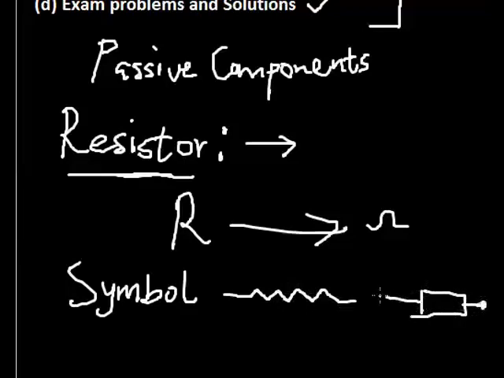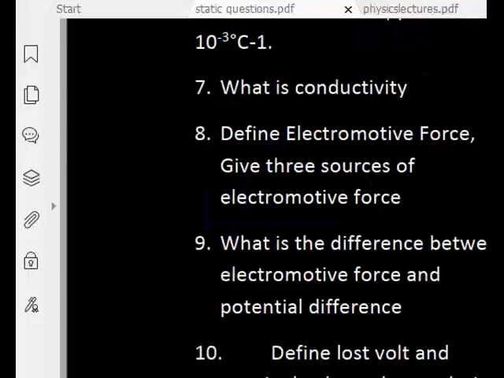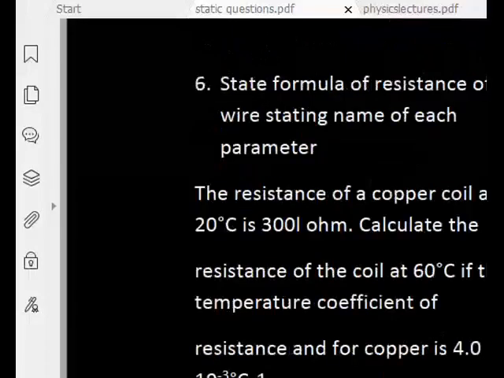This symbol represents the electrical symbol of a resistor. So now let's proceed with the questions. Remember, we work with questions, so I'm going to take the very first question, then we do justice to it.